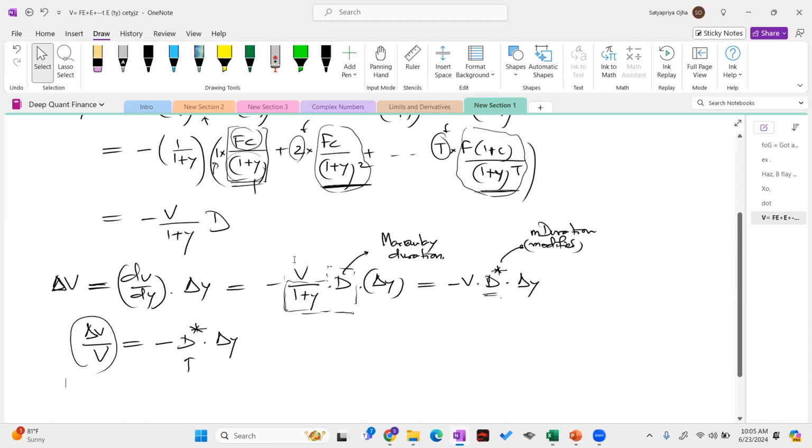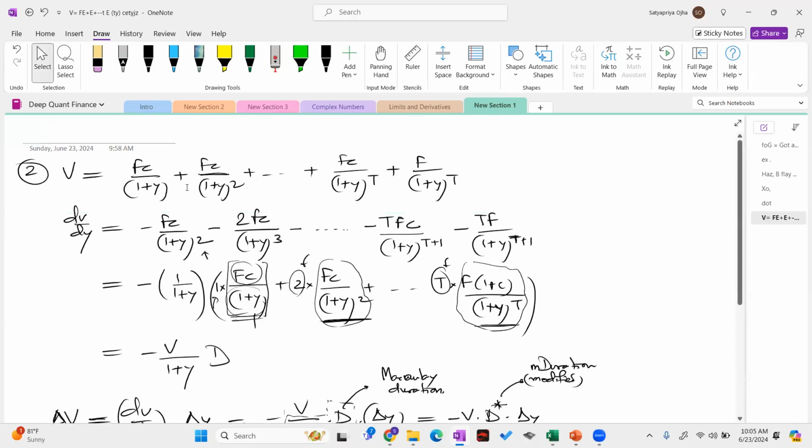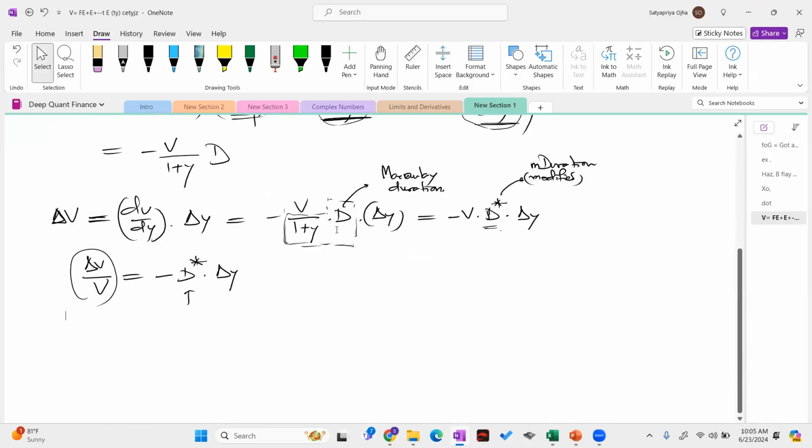Okay. Yes, that is what I was coming to next. Thanks, Devdatta. So this is for annual compounding, right? If you have semi-annual compounding or quarterly compounding, or for that matter the compounding frequency is m times per year, then your D star, this is the general formula, is D divided by 1 plus Y by m, where m is the compounding frequency per year.